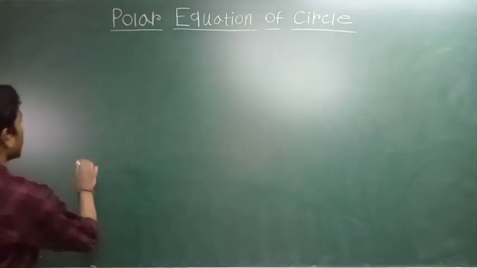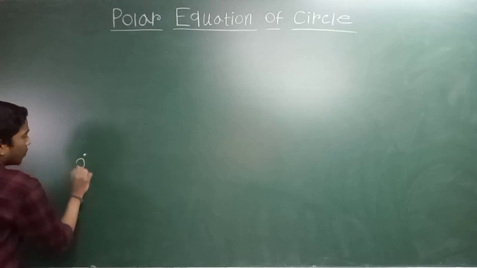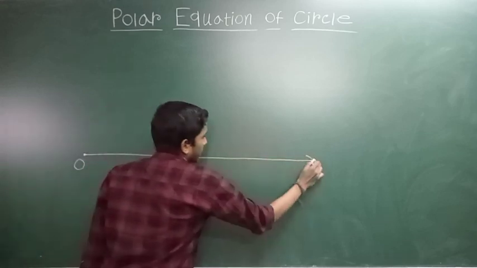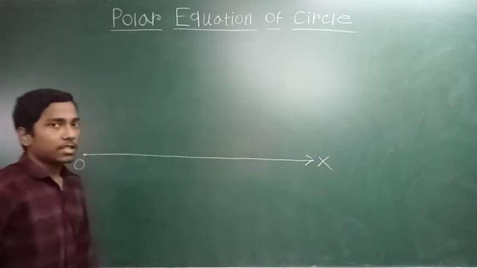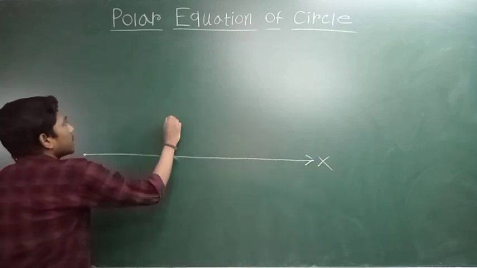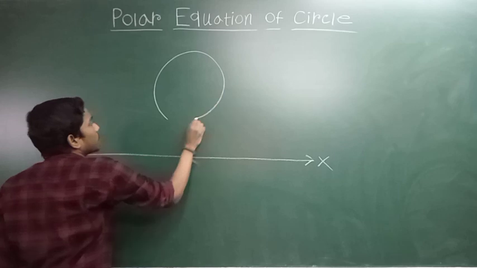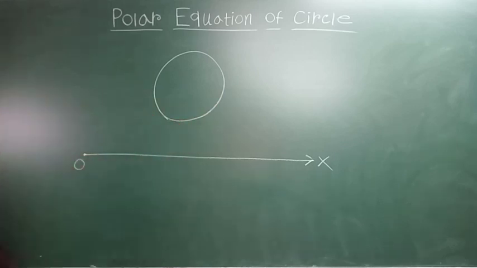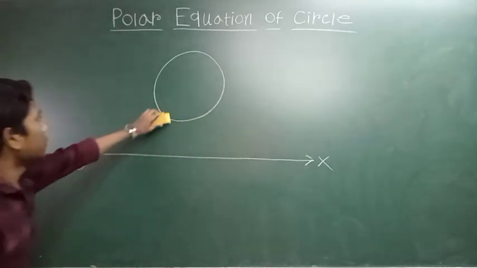So, O is our pole and OX is the initial line. Now there is a circle in this polar system of coordinates.